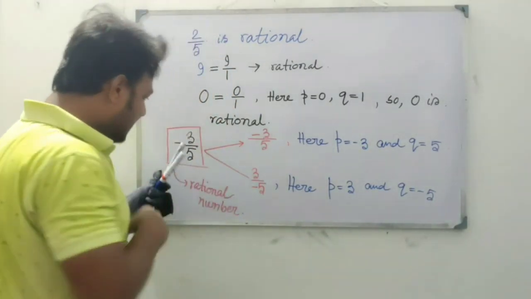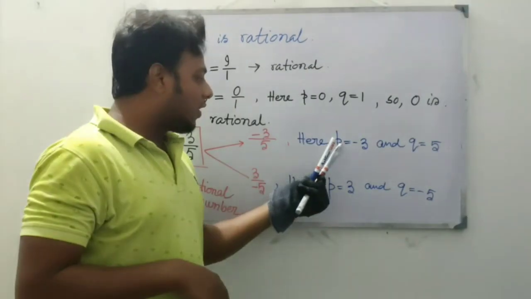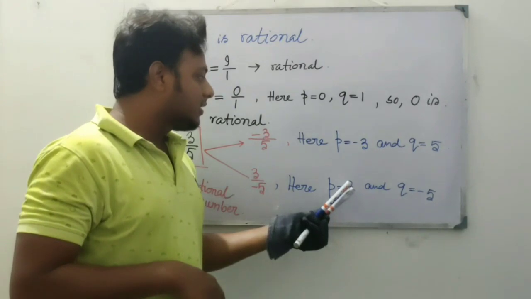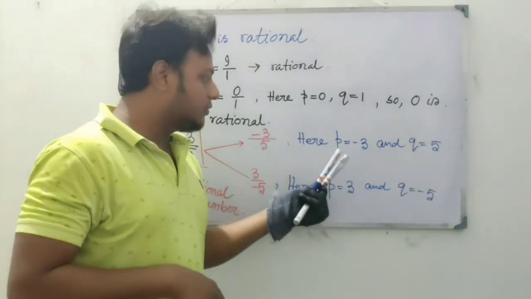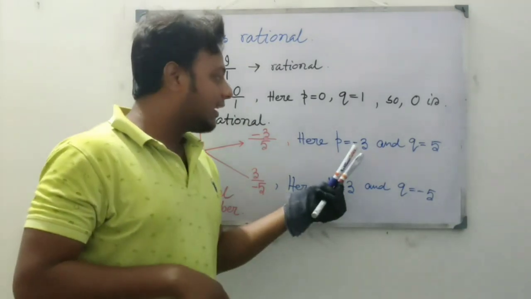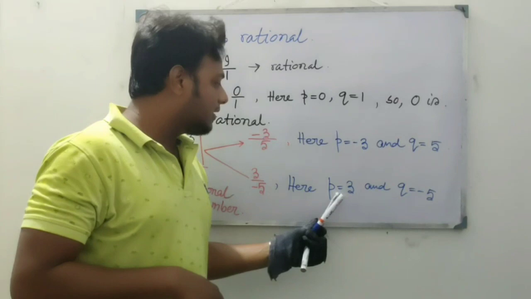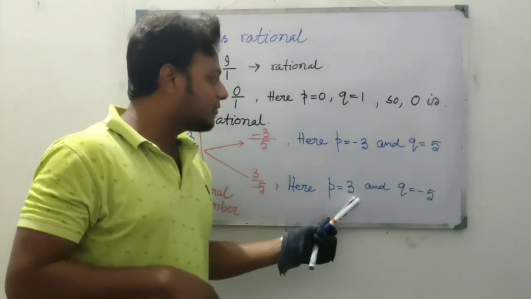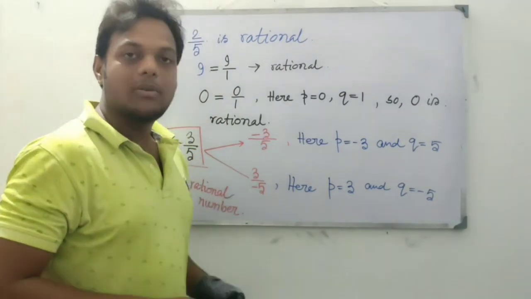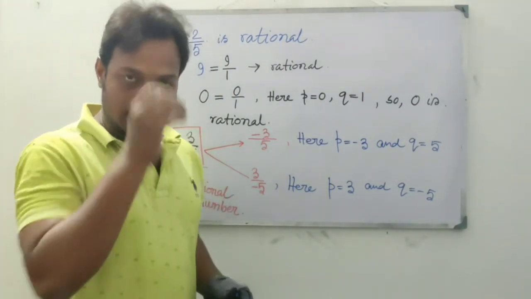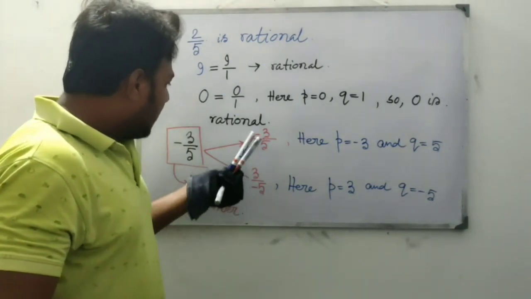So this is one question, but two students solved it differently, and they get different answers. The first student's answer is p equals minus 3 and the second student's answer is p equals 3, and q equals 5 for the first student, q equals minus 5 for the second student. Is it clear? Why did this problem occur?